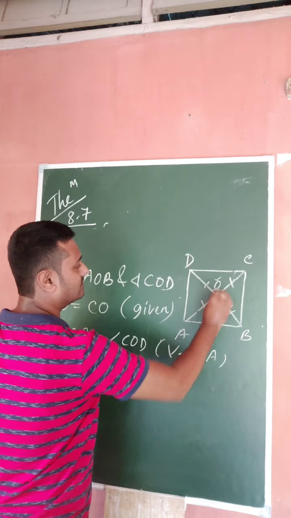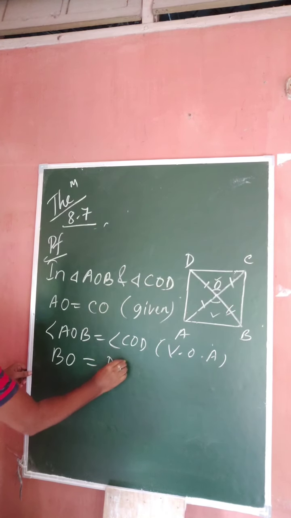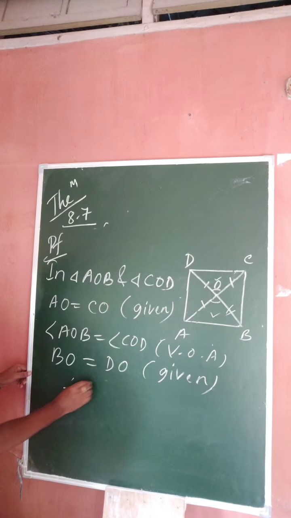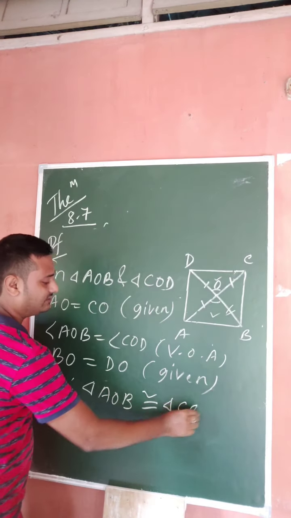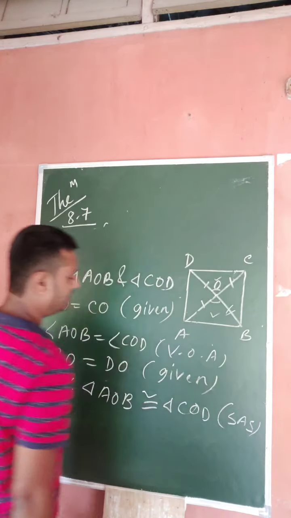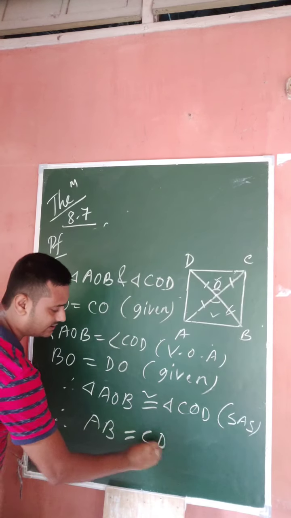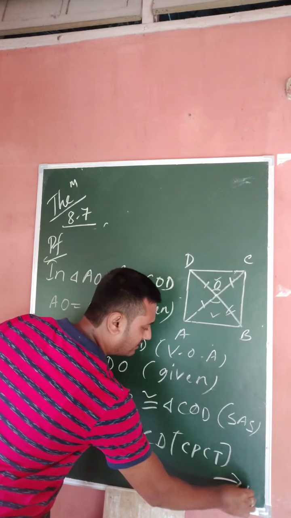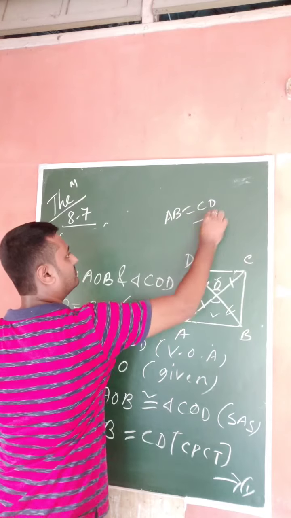Again, BO equals DO, which is also given. Therefore, triangle AOB is congruent to triangle COD by side angle side. Therefore, by corresponding parts, AB equals CD. You give mark 1 for this, and you have to remember it. So I write here AB equals CD, which is 1.